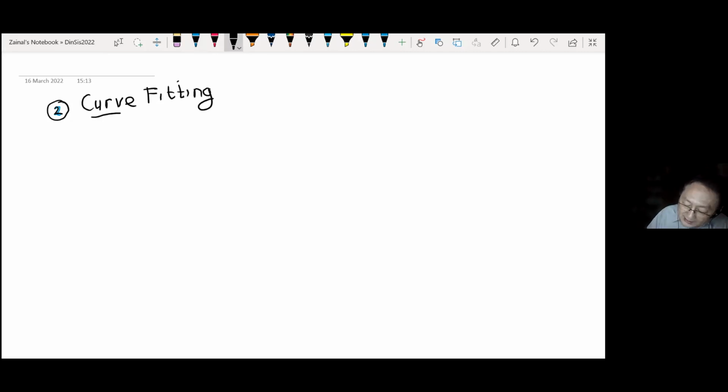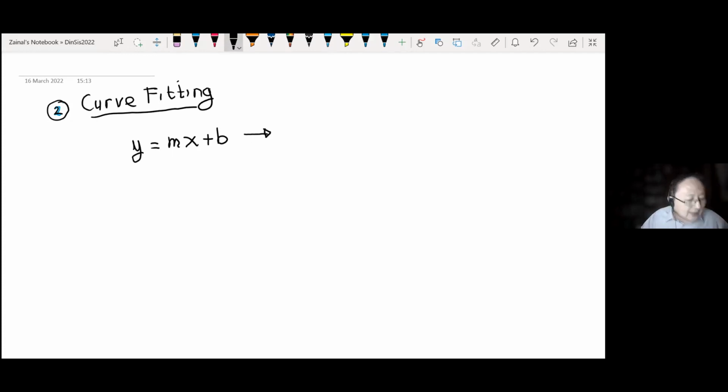For linear curve fit, for y equal to mx plus b, we already derived this one. What is the curve fit for a given data? We already derived this one.